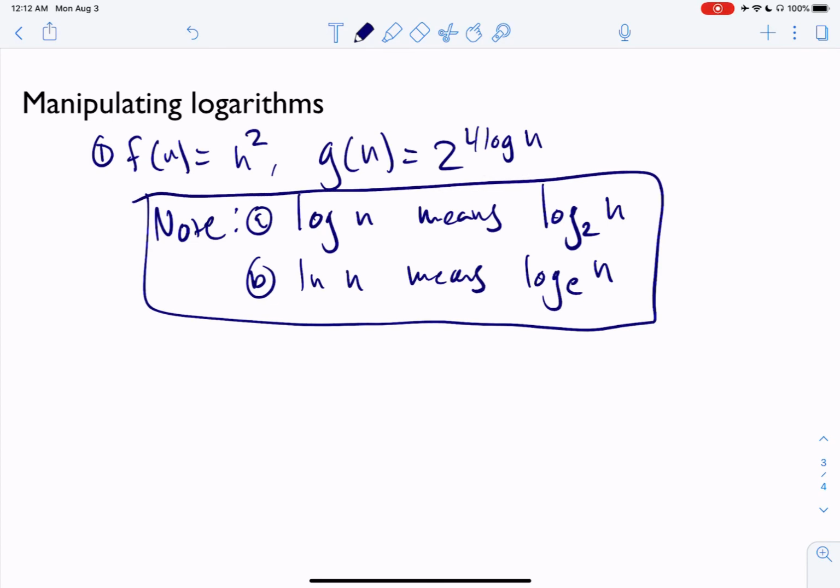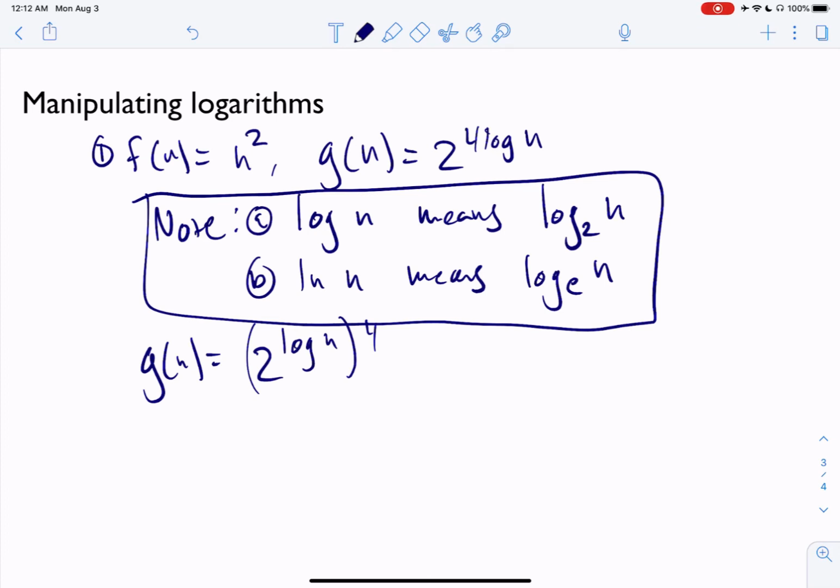Notice that g of n equals, one of the things we can do with this exponent is make this 2 to the log n, all to the 4. You can take exponents that are products of exponents and move one of them to a higher exponent, on the outside.